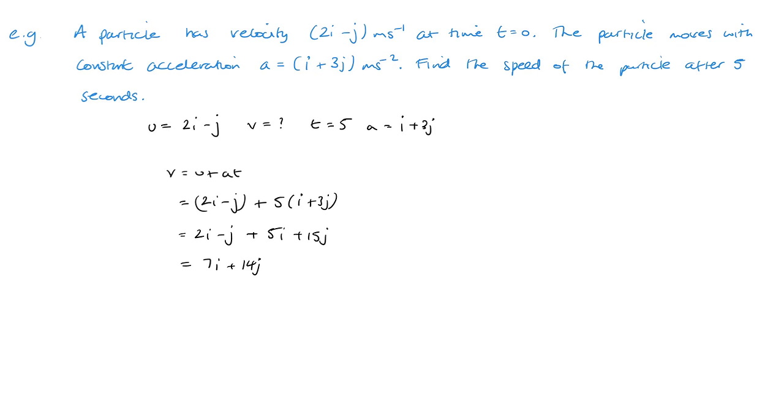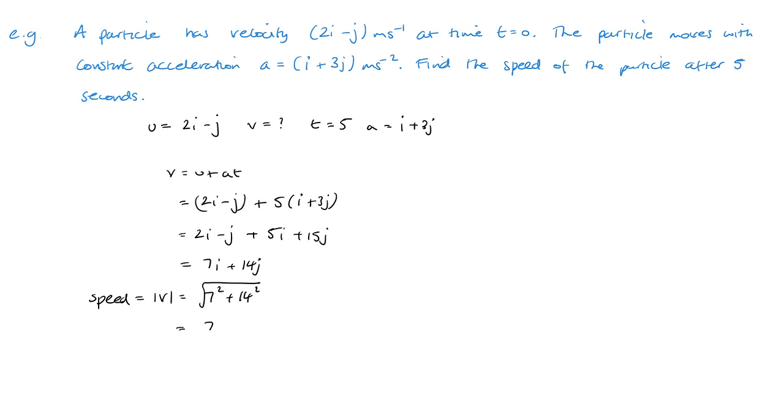Now we want the speed and not the velocity. So we want the speed, which is the magnitude of the velocity. So 7 squared plus 14 squared, and then square rooted. So just go into my calculator.